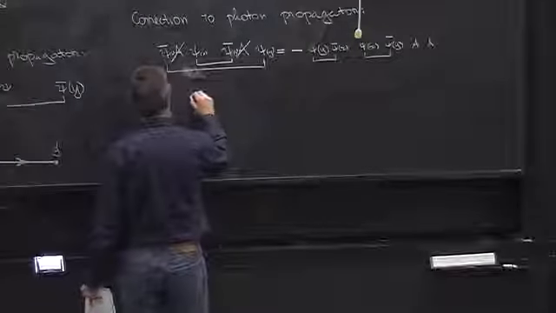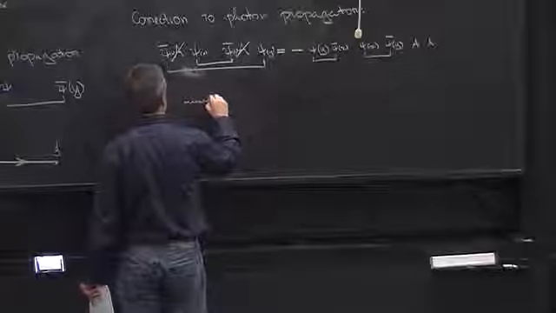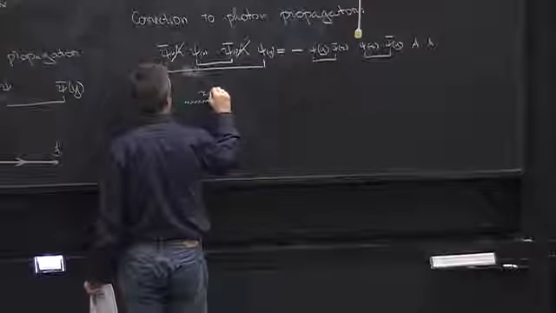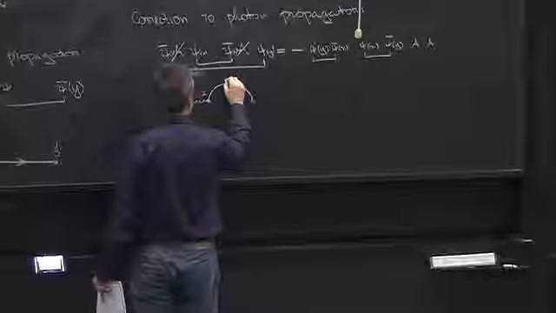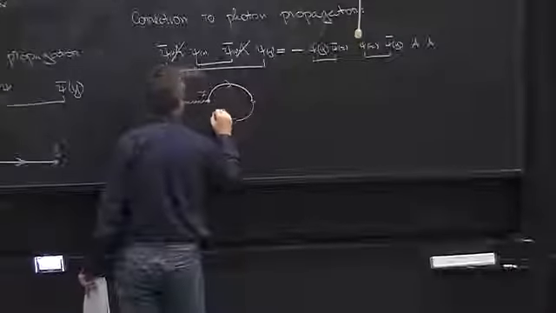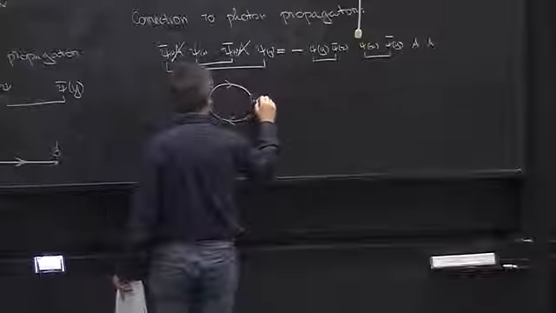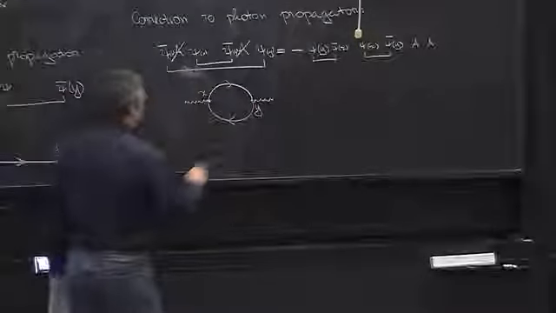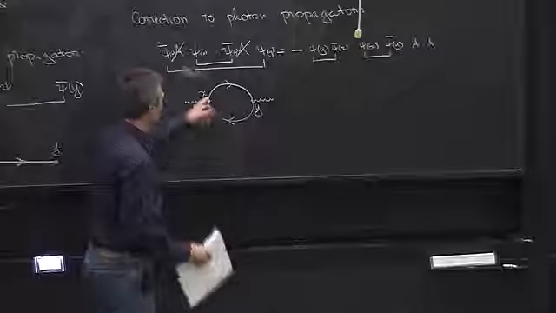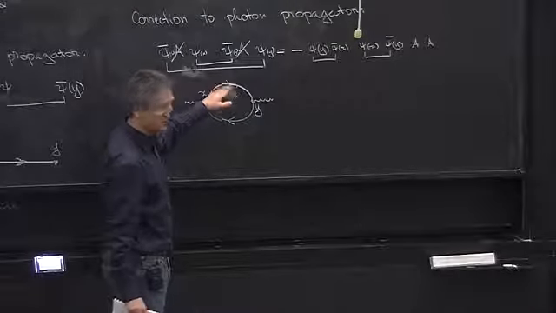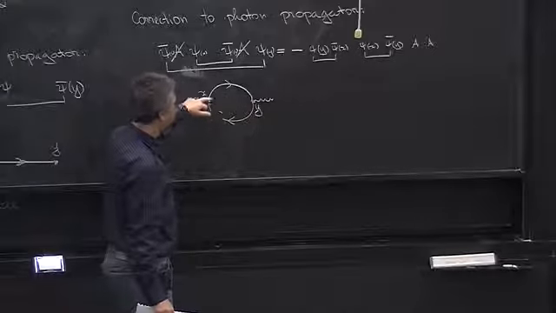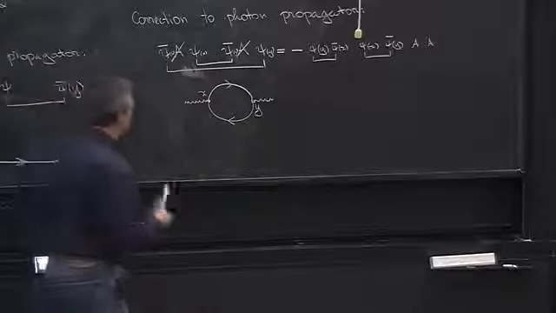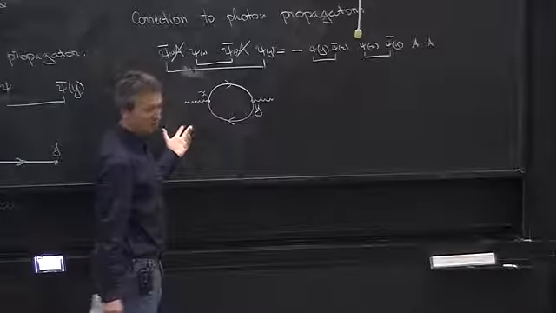So as a diagram, this looks like that. We have a photon line, then we have a propagator from x to y, and from y to x. And so here we have contraction of all fermion indices. So the index goes through and is contracted according to matrix multiplication. So the closed loop just means that we take the trace.